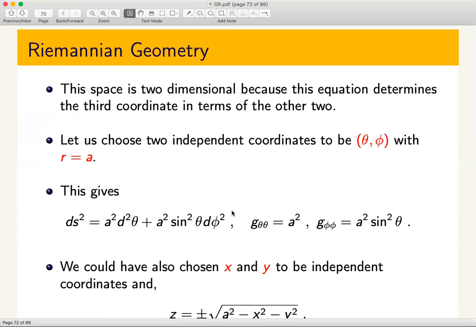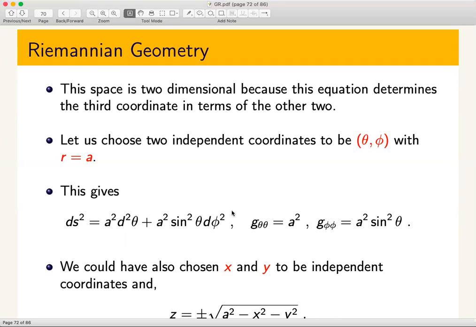That means the radius of the sphere is constant. You can choose that to be any number, so we'll choose r is equal to a. If r is equal to a is a fixed quantity, then any point on the sphere is determined only by the value of theta and the value of phi. And r is not a parameter at all.